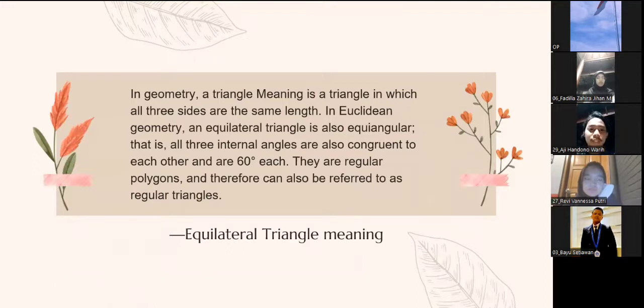In Euclidean geometry, an equilateral triangle is also equiangular, that is, all three internal angles are congruent to each other and are 60 degrees each. They are regular polygons and therefore can also be referred to as regular triangles.